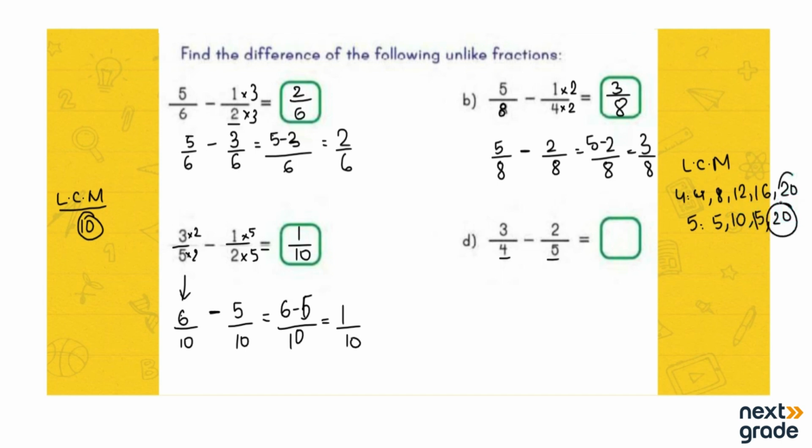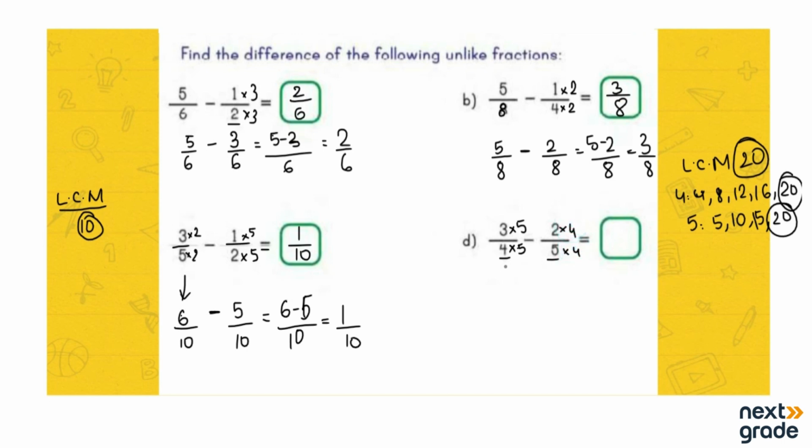So we have the least common multiple as 20. ठीक है, तो हमें दोनों के डिनोमिनेटर्स 20 बनाने हैं. इसके लिए हमें दोनों को अलग से मल्टीप्लाई करना पड़ेगा. 3 को मल्टीप्लाई करना और 4 को मल्टीप्लाई करना पड़ेगा 20 बनाने के लिए. ठीक है, इसको 5 से और इसको 4 से.